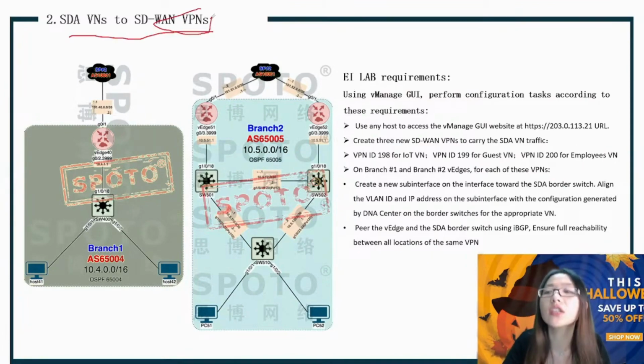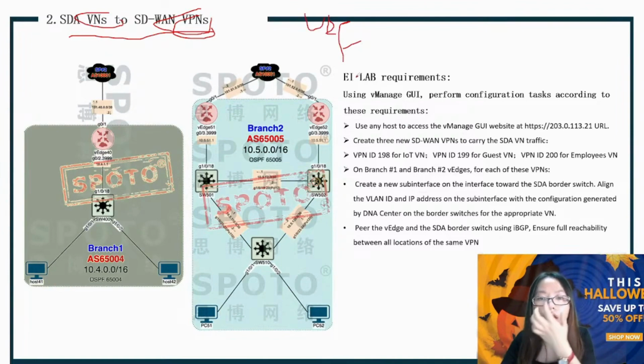Okay, I just told you VPN is our VRF. VPN belongs to SD-WAN, VN belongs to SDA, and our traditional is called VRF. Okay, so use any host to access the vManager. Okay, so it tells us how to access the vManager.